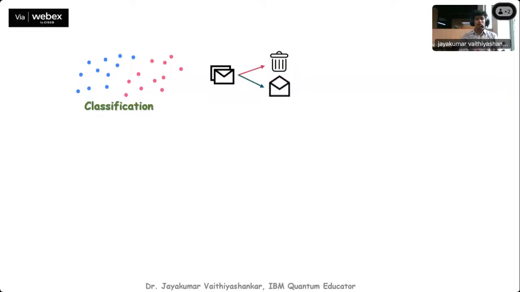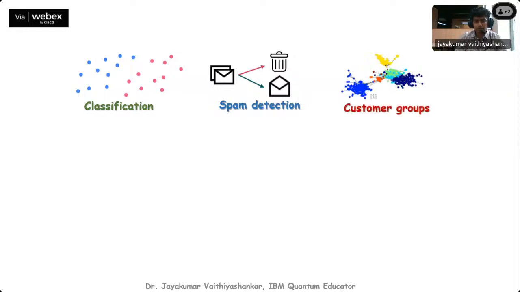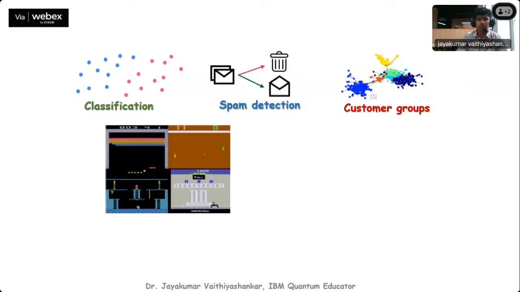Take a look at an example of classification. Using classification, we can identify whether a mail is authorized or spam. If identified as spam, you can move it to your bin. Based upon your previous classical data, your model is able to classify. You can apply all these things to customer groups if you are able to classify.